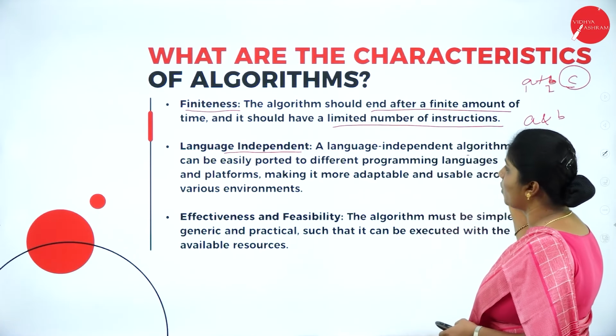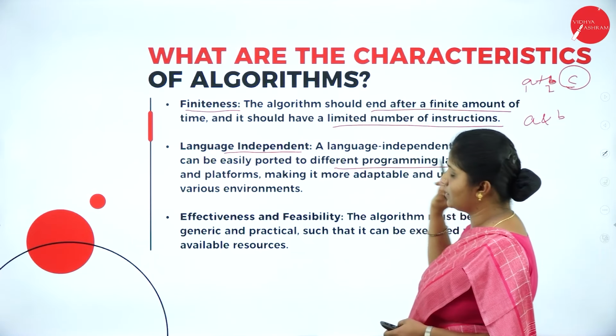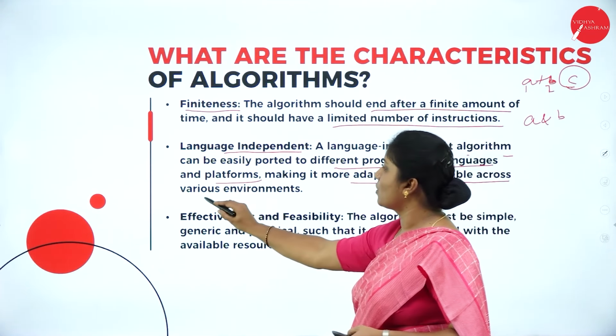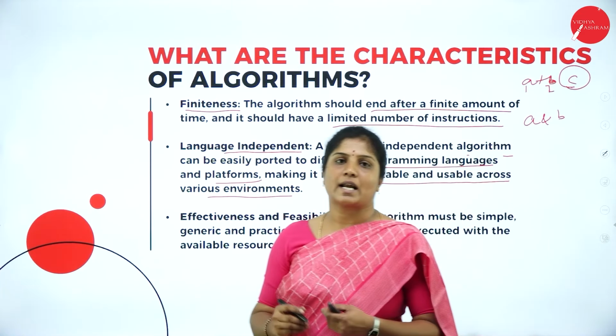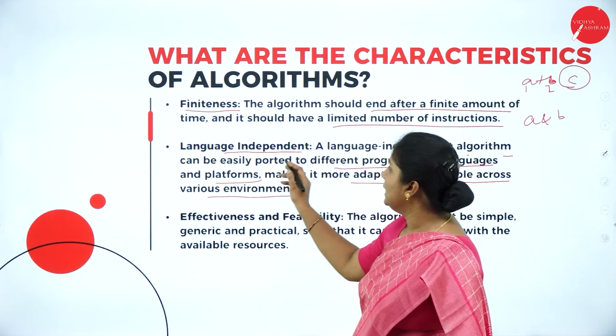Next, language independent. A language independent algorithm can be easily ported to different programming languages and platforms, making it more adaptable and usable across various environments. So whatever algorithm we write should be language independent.